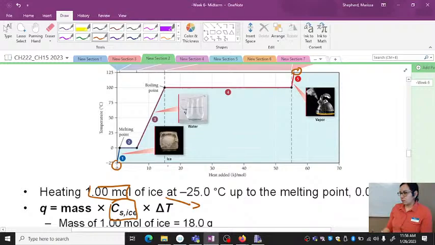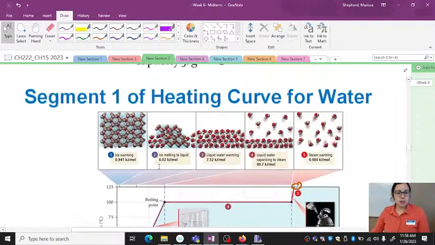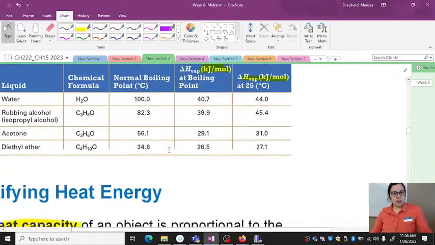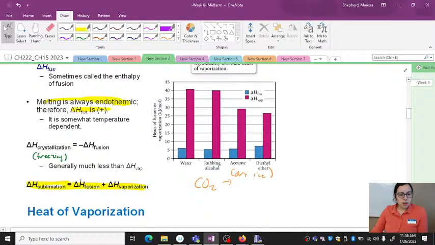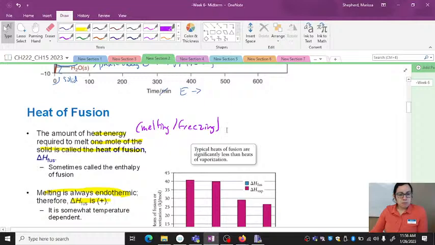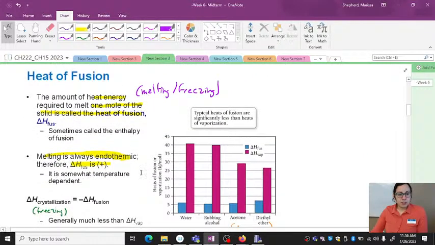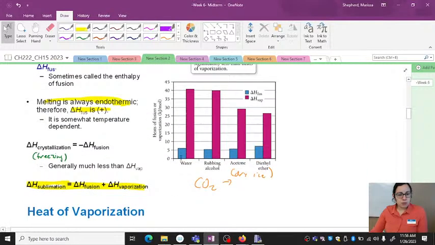Heat of fusion. Yeah, heat of fusion. So now you look at your curve, and you see we're going to be melting. So that means I need the heat of fusion now. We can look it up for water.